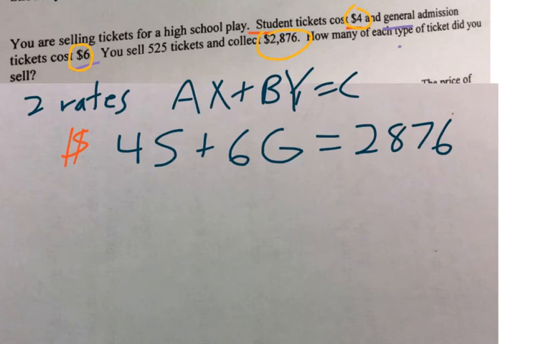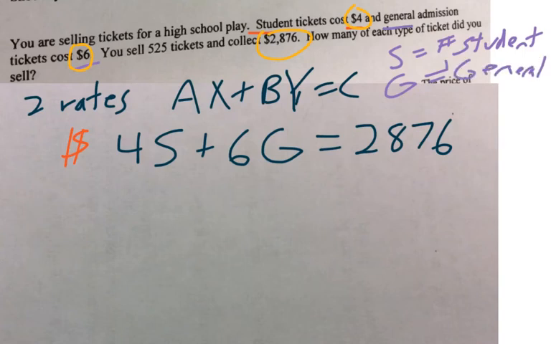And there I let the S be the number of student tickets, and I'm letting G be the number of general admission tickets. So always establish what your variable is.